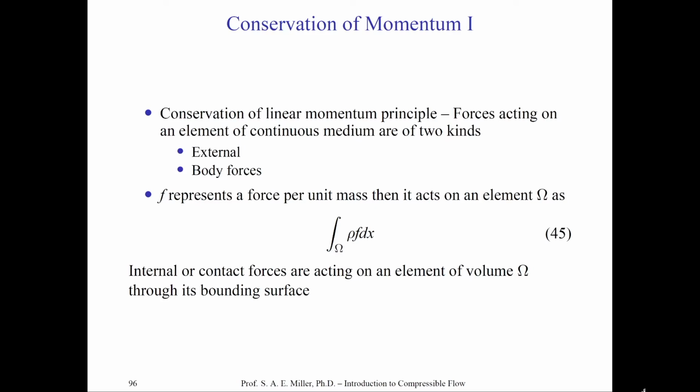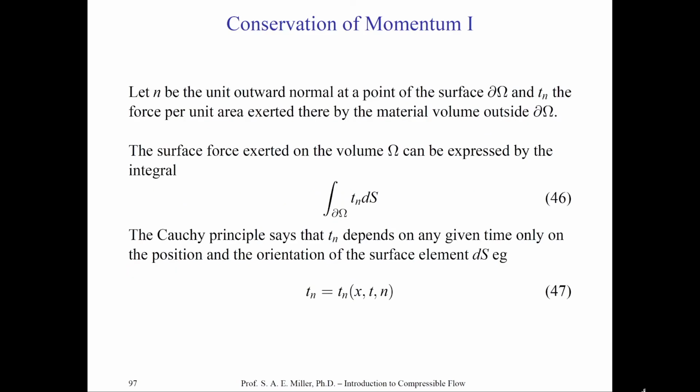So in some volume omega, we might have rho f dx, which is some force in this case. Now, the internal forces, like body forces, or the contact forces, like external forces, like pressures or shear stresses, will act on an element of volume omega through its bounding surface, that is, partial omega.